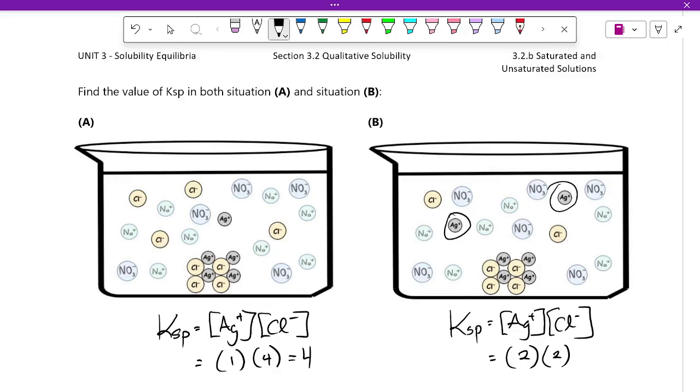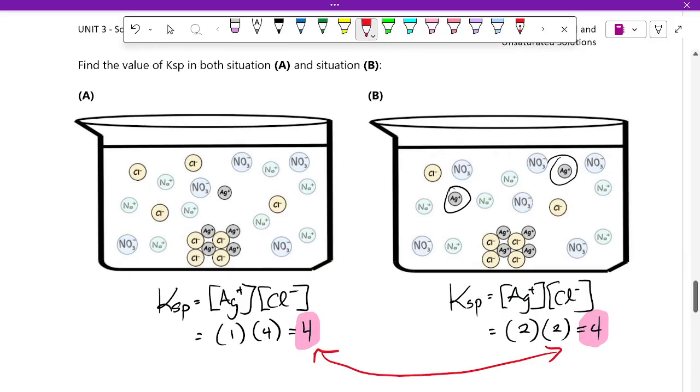Unlike if I was to take silver chloride, AgCl, and I dumped it into water, would I get 1-to-1? Yes, because every time, if it was silver chloride, every time I dissolve a silver, a chloride also dissolves. Okay. So this is also 4. So what do we notice about our Ksp value? It is the same. Why is it the same?